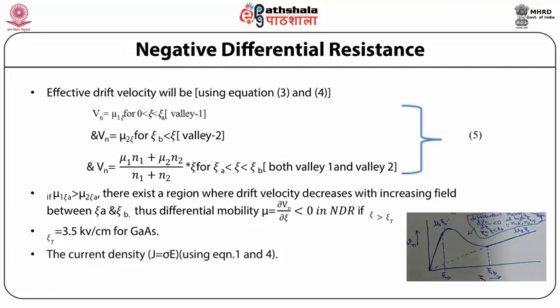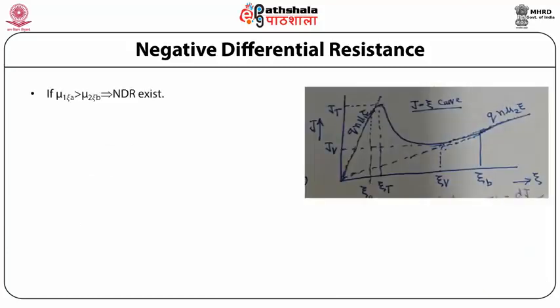So the current density J equal to sigma E. Using equation 1 and equation 4, J is equal to q n mu1 zeta for zeta varying from 0 to zeta A, and J equal to q n mu2 zeta for zeta greater than zeta B, as shown in this figure. If mu1 zeta A is greater than mu2 zeta B, negative differential resistance exists.